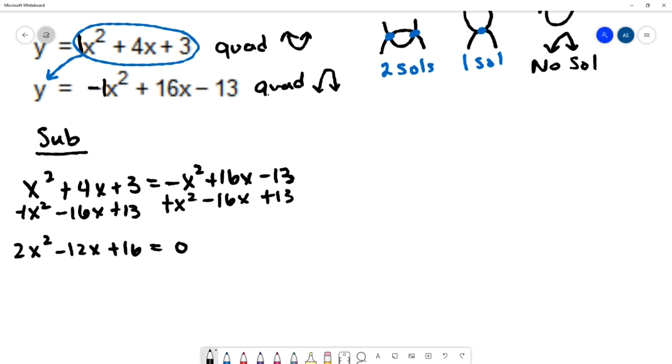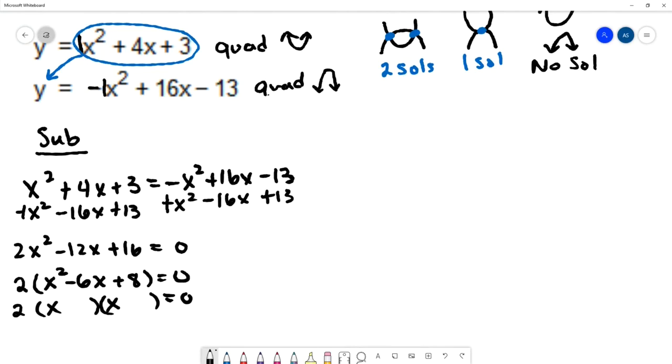I'm going to try to factor this quadratic by factoring out the greatest common factor first. So I can factor 2 out. That would be x squared minus 6x plus 8 equals 0. Then I'm going to try to factor more. I have x times x is x squared. 4 times 2 gives me 8.